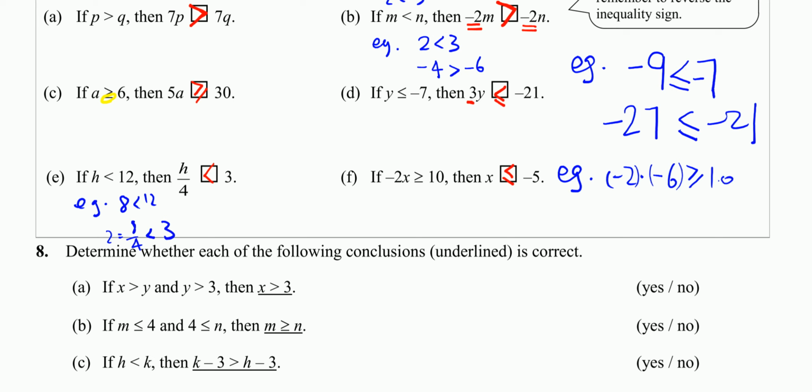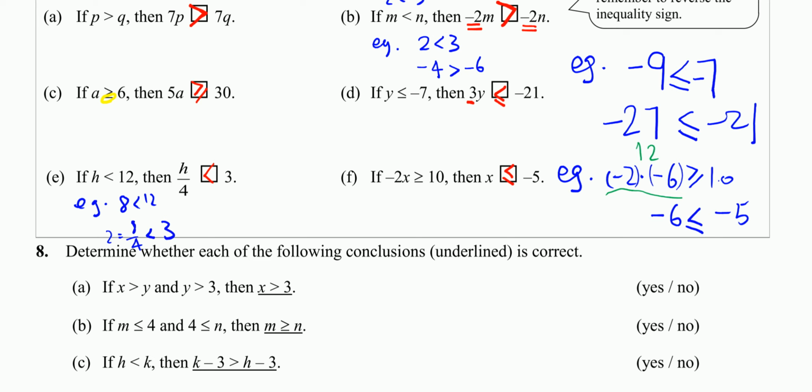But if we divide by -2 on both sides, the left-hand side still remains -6, and the right-hand side should be -5. But actually, -6 is absolutely less than or equal to -5.